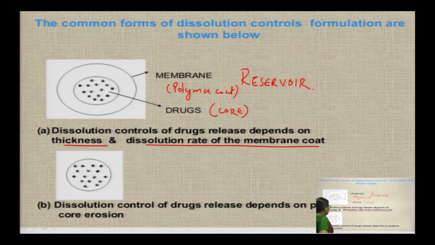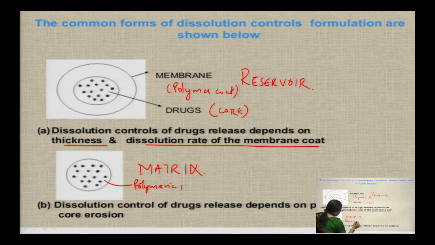Next, we go on to the polymeric matrix type of systems, which are again dissolution controlled systems we are talking about. So, in case of matrix type of system, the drug is uniformly dispersed in a polymeric matrix. You can see here this is a polymeric matrix, and drug particles are uniformly dispersed in this polymeric matrix.